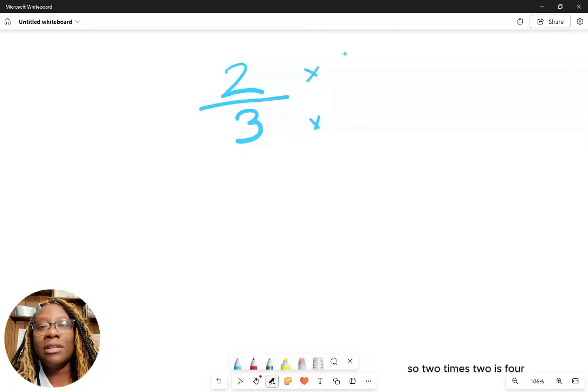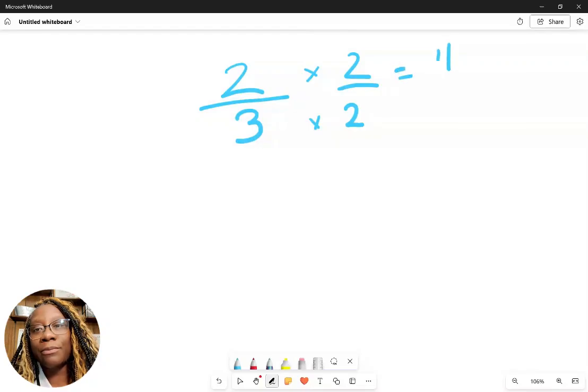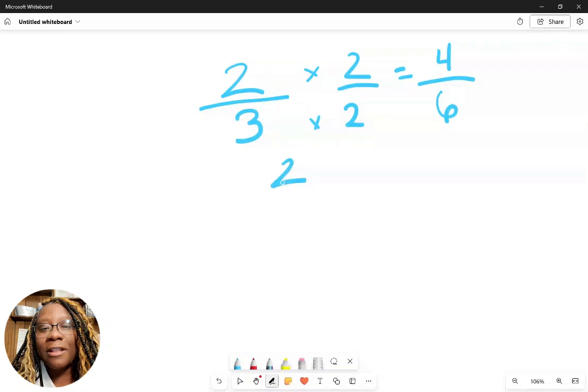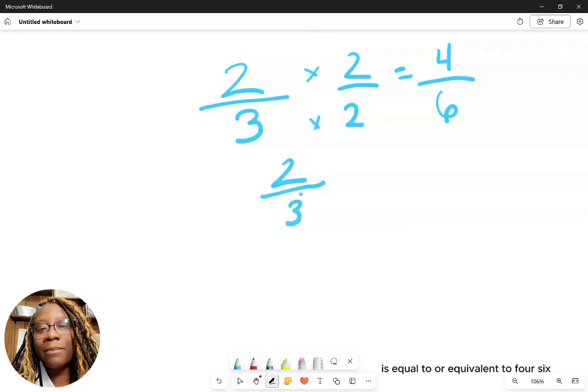So 2 times 2 is 4. And then 3 times 2 is 6. Now we could simplify this further, but that's going to be for another lesson, okay? So what we're essentially saying is that 2/3 is equal to or equivalent to 4/6.